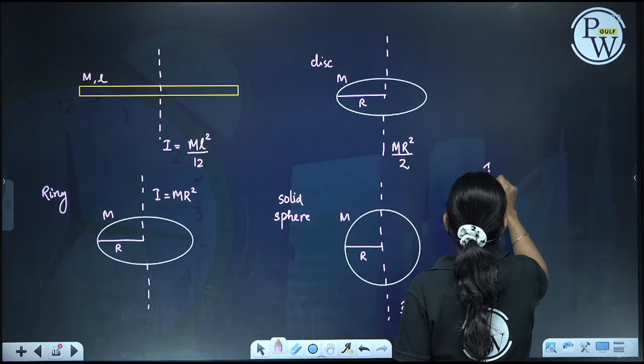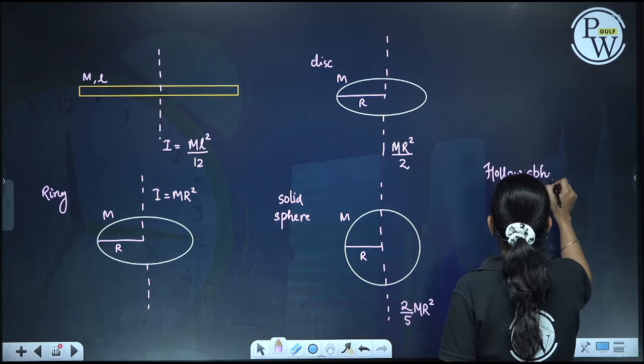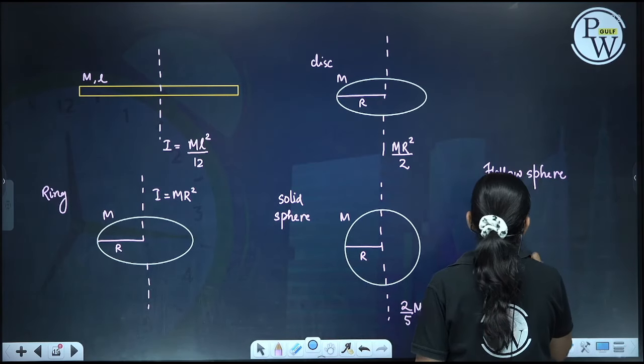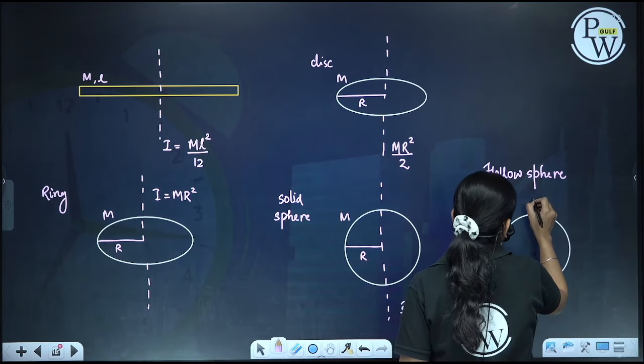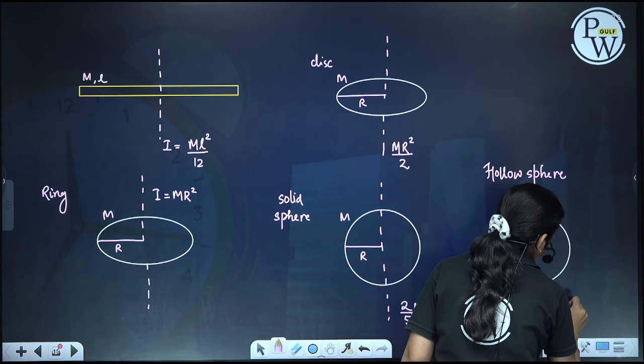Similarly, if you have a hollow sphere, okay, its moment of inertia about this axis will be 2 by 3 mr square.